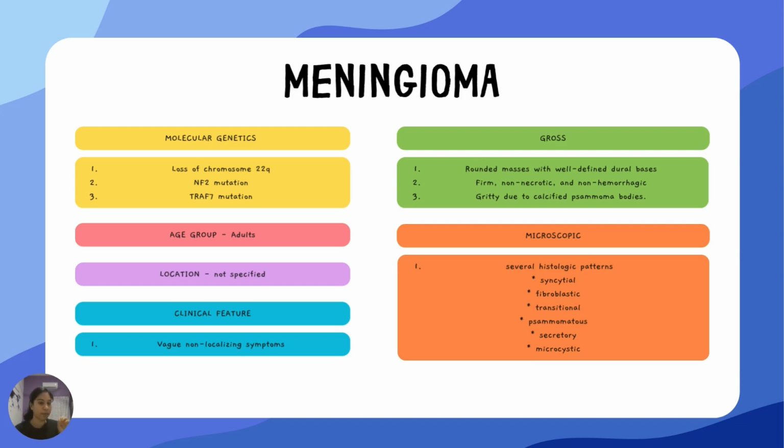There is no necrosis, no hemorrhage, and it is gritty due to calcified psammoma bodies. Gritty means it's like chalk white. For the microscopic, there are several histologic patterns, for example syncytial, fibroblastic, transitional, psammomatous, secretory, and also microcystic.